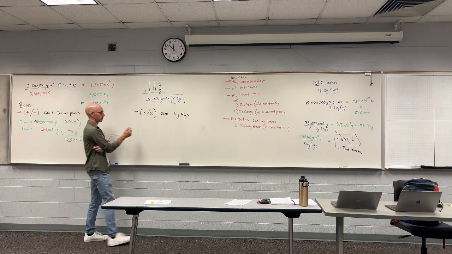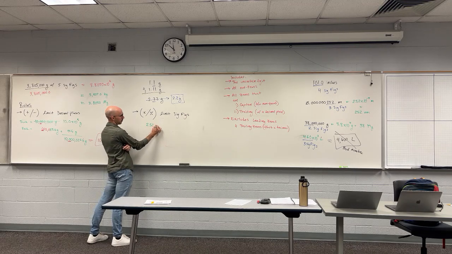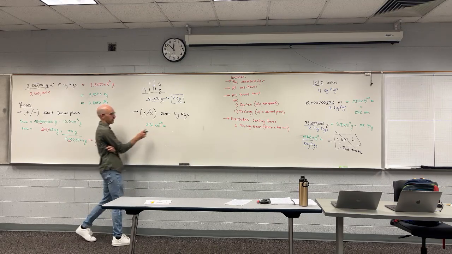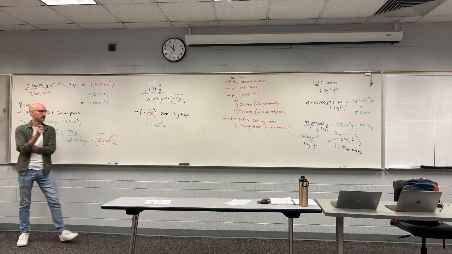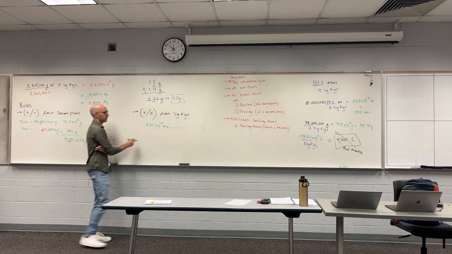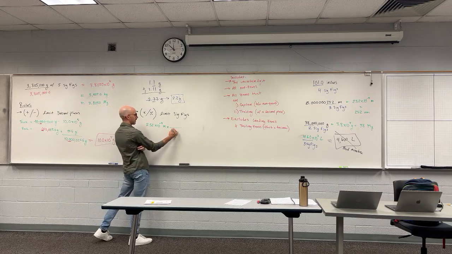Let's say that you took 2.52 times 10 to the negative 9th meters. How many sig figs? 3 sig figs.